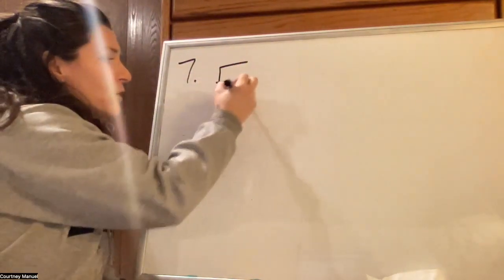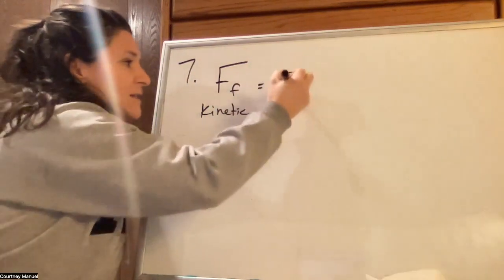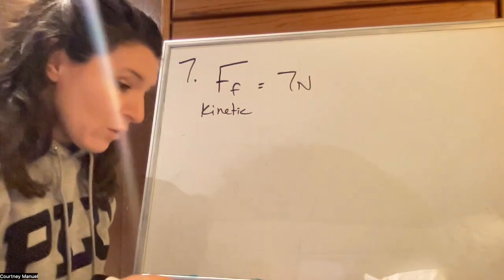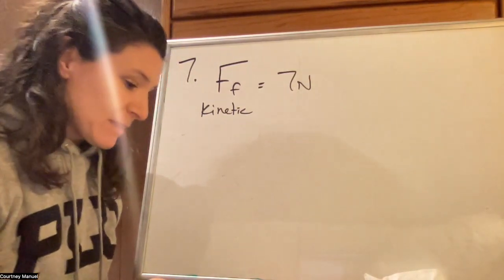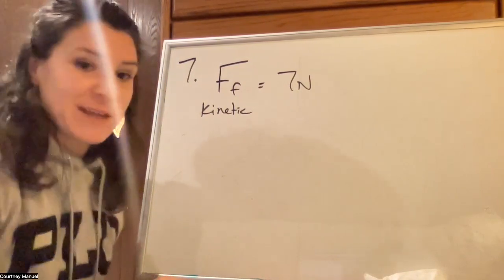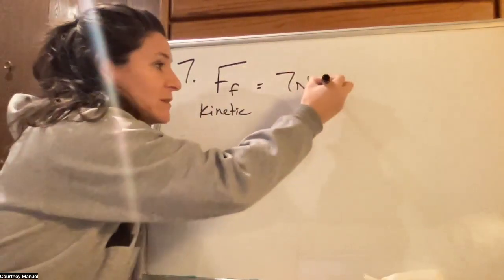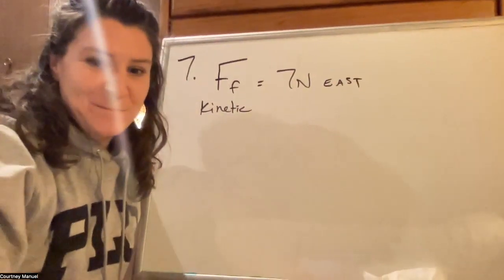And the friction force, which is kinetic, is 7 newtons. So this girl must be pushing at 7 newtons. And if the chair is moving in the east, she must be pushing at 7 newtons east. Okay.